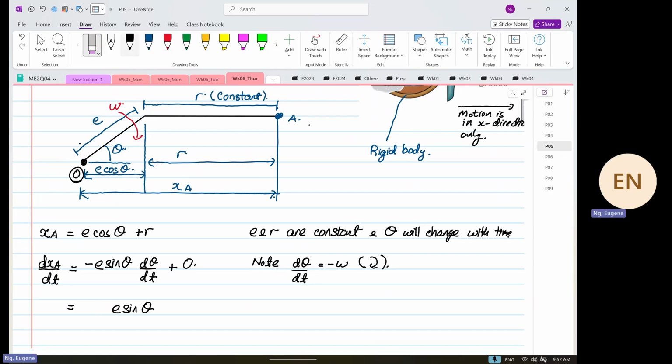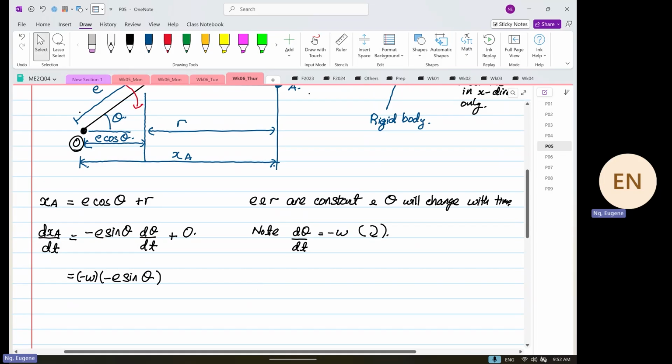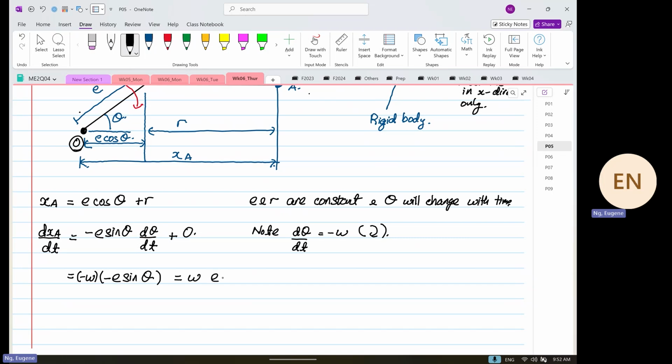Okay, so over here we are going to multiply minus omega, and then we're going to multiply by minus E again. So this will be equal to omega E sine theta.